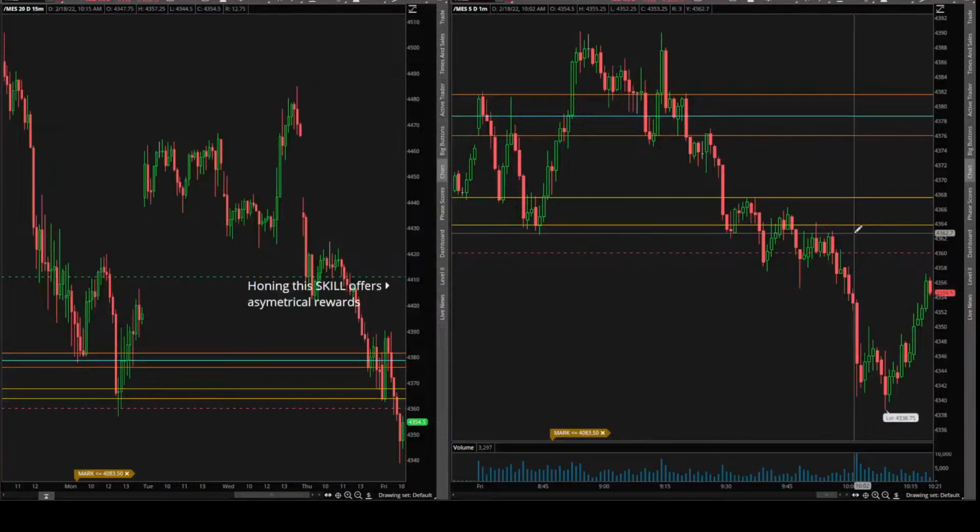So right now I'm stalking a short right around here. We're up somewhere between, call it 62 and 68, looking for a short up in there.